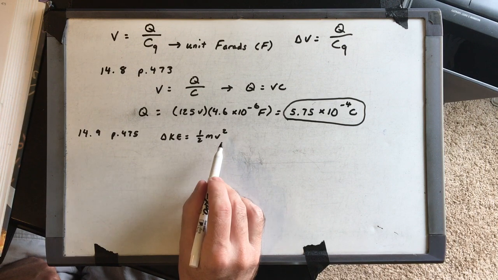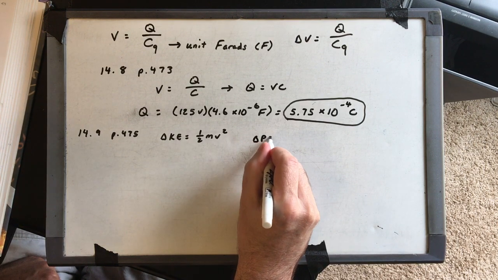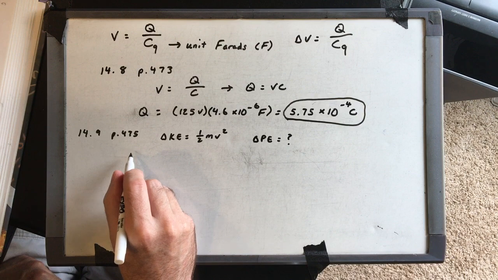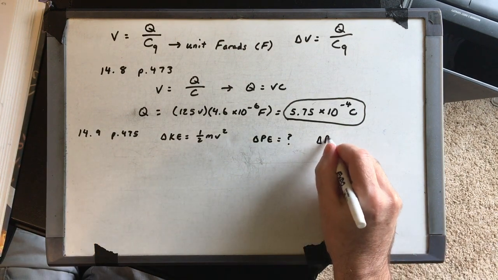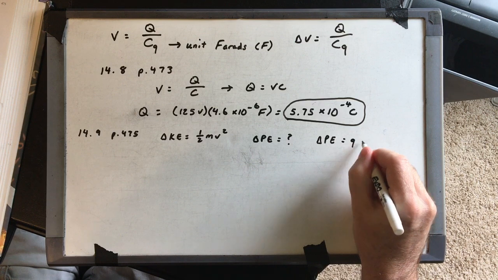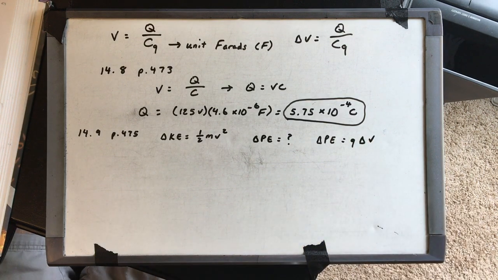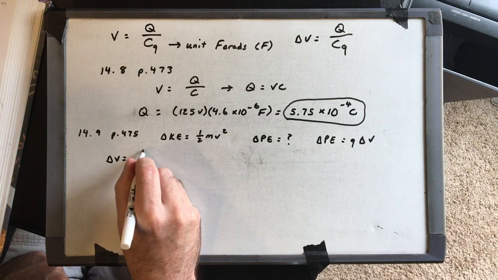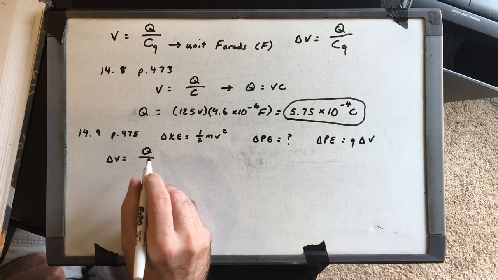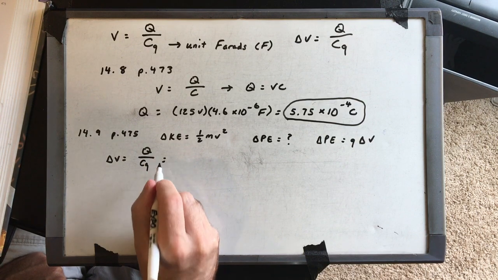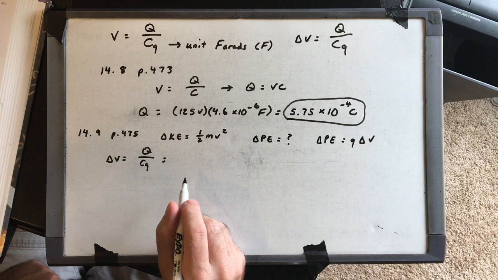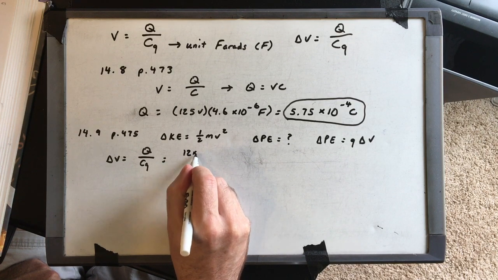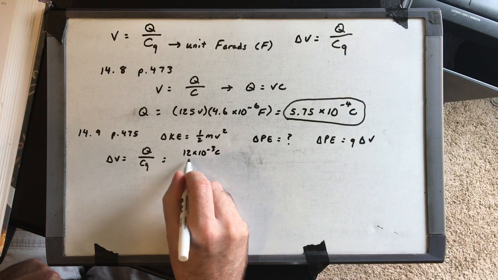In order to get the change in kinetic energy, you need to get the change in potential energy first. So remember that change in potential energy is equal to the moving charge Q times delta V. All right, now we can get delta V. It's big Q over the capacitance. And in this problem, the big Q, which is the charge on the capacitor, is 12 times 10 to the minus 3 coulombs.